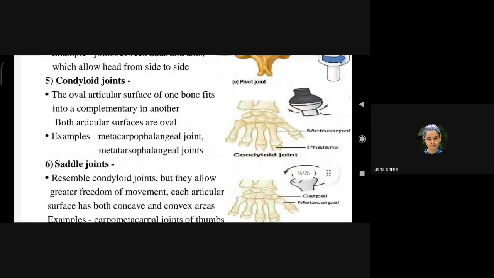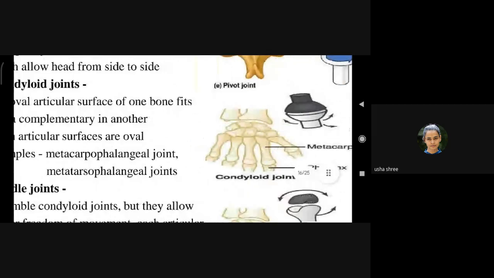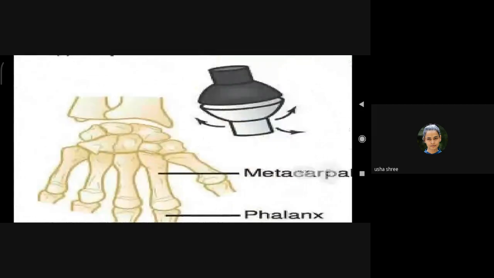Here, both the surfaces are oval, so they are complementing each other.